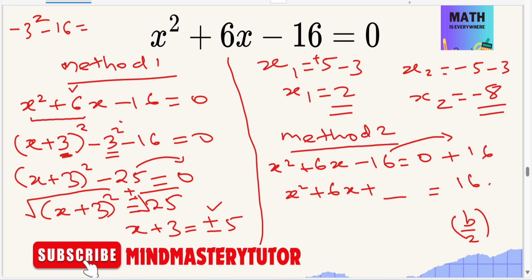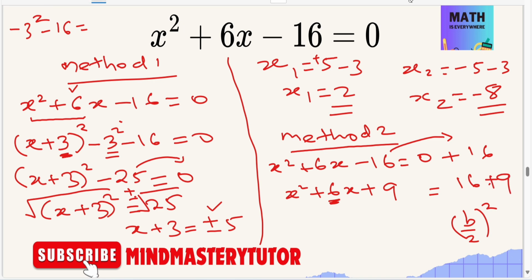So that gap, for you to solve it, you do something called b over 2 squared. Okay, b over 2 squared. So your b is 6, right? So 6 divided by 2 and then square it. So 6 divided by 2 is 3, and if you square 3 what does it give you? It gives 9. Okay, so since you added 9 on your left side, on your right side you must also add 9.